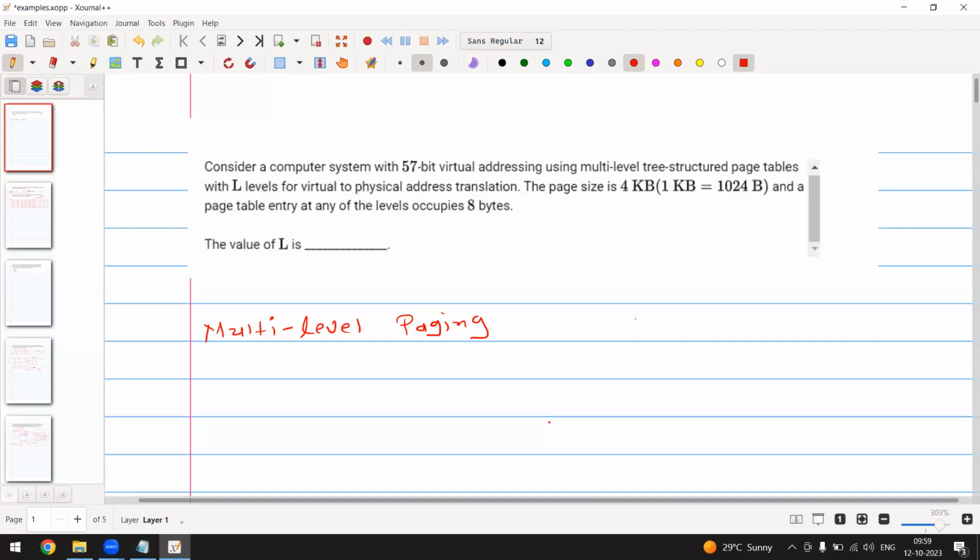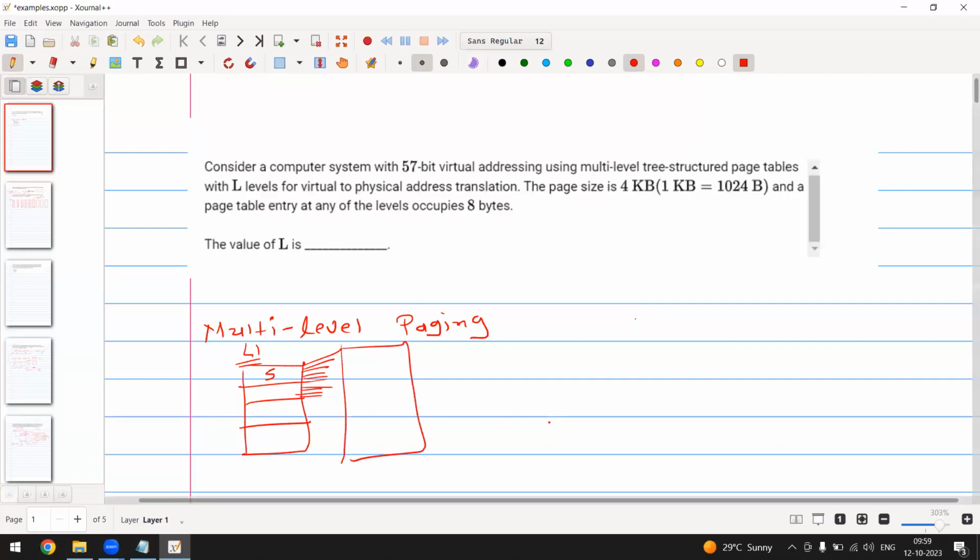So the first level of the page table will point to the second page table, third page table, like that. For example, if I say it has 5 bits, the first page table L1. It means that each entry in the first level of the page table points to 2 raised to 5 entries in the second page table, like that.